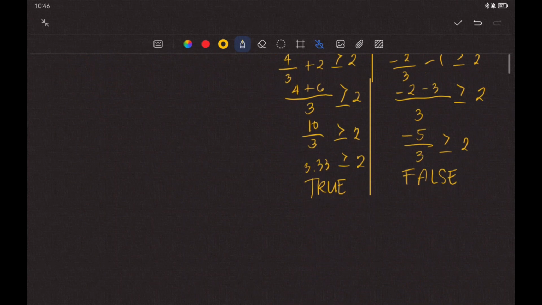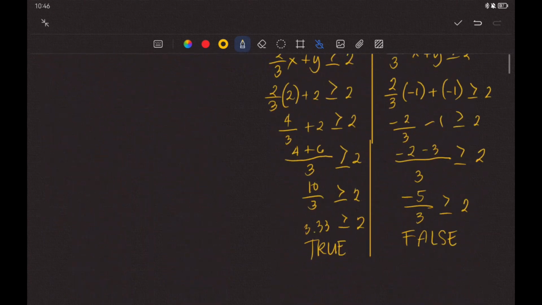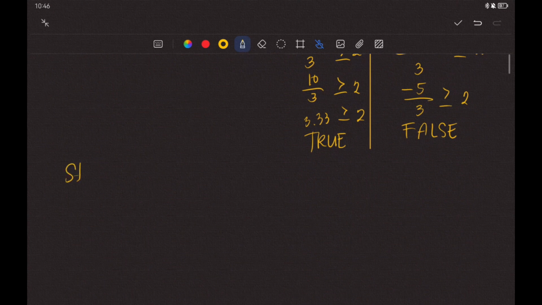Now, in combining this one, for step 4, combine the two graphs.